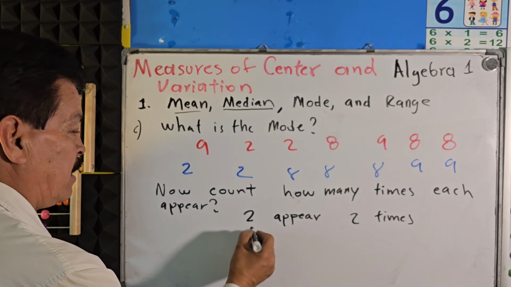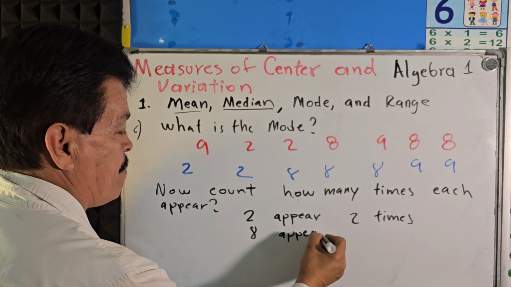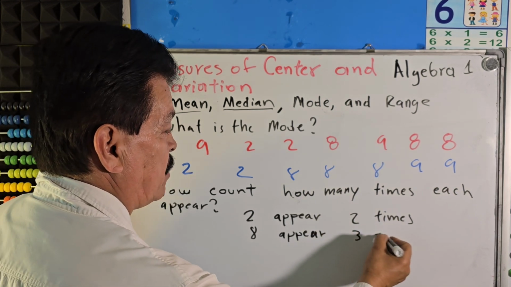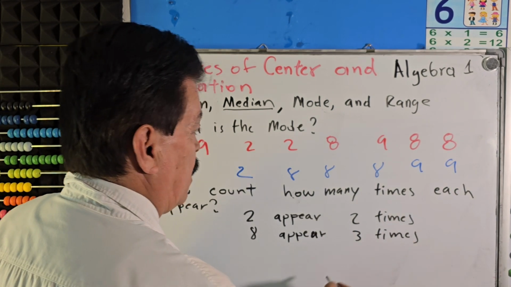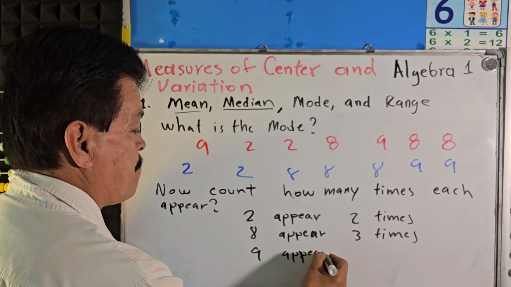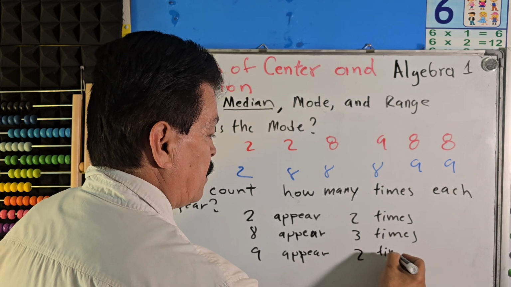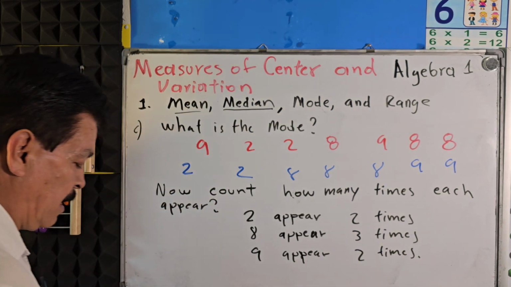Next one, 8 appears 3 times, and then 9 appears, all right, 2 times, right? I write it.